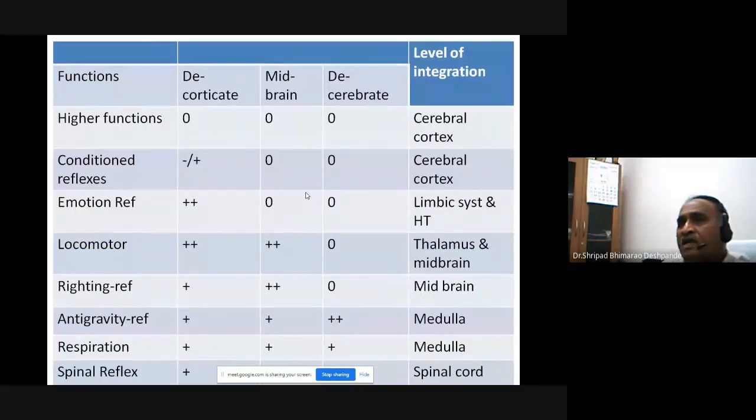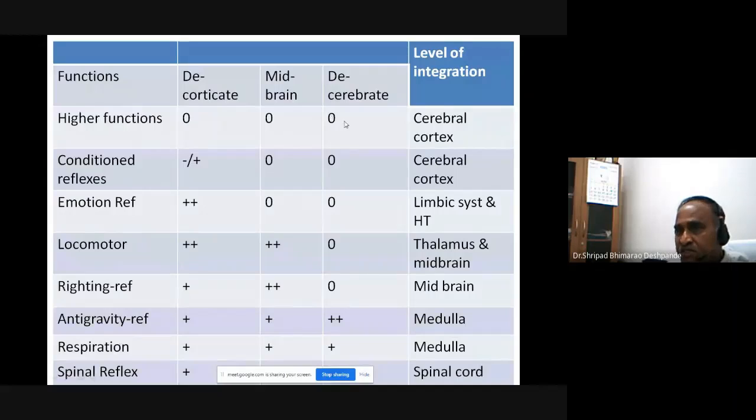Now, leaving that component, we come back to the third preparation, the decerebrate preparation. This is a very frequently asked question, and I will take it in a little detailed manner. Let us examine the table.